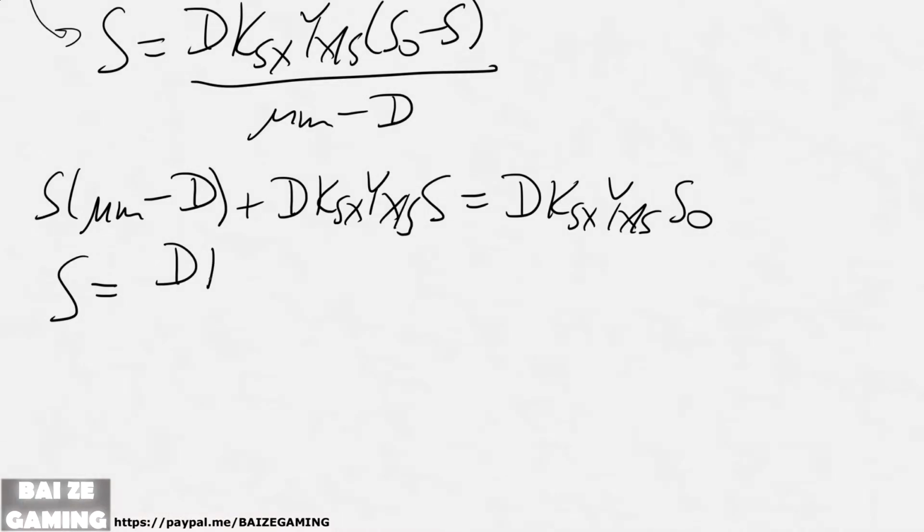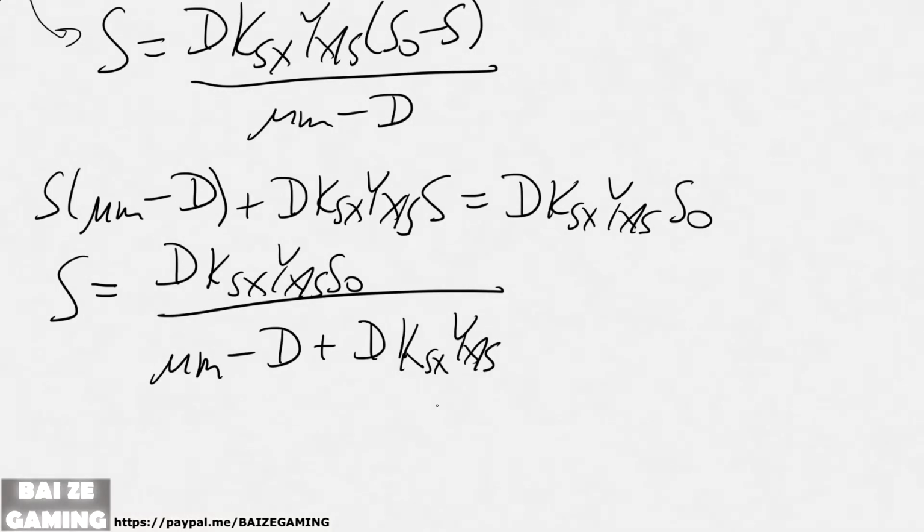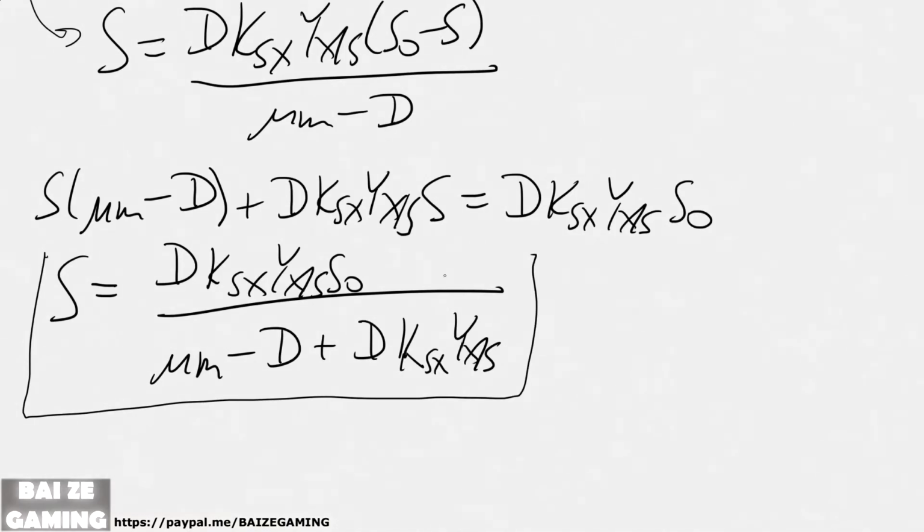And then you can put the variables in any order you want. It shouldn't matter too much. And there you go. So this is actually the ideal equation that you want.